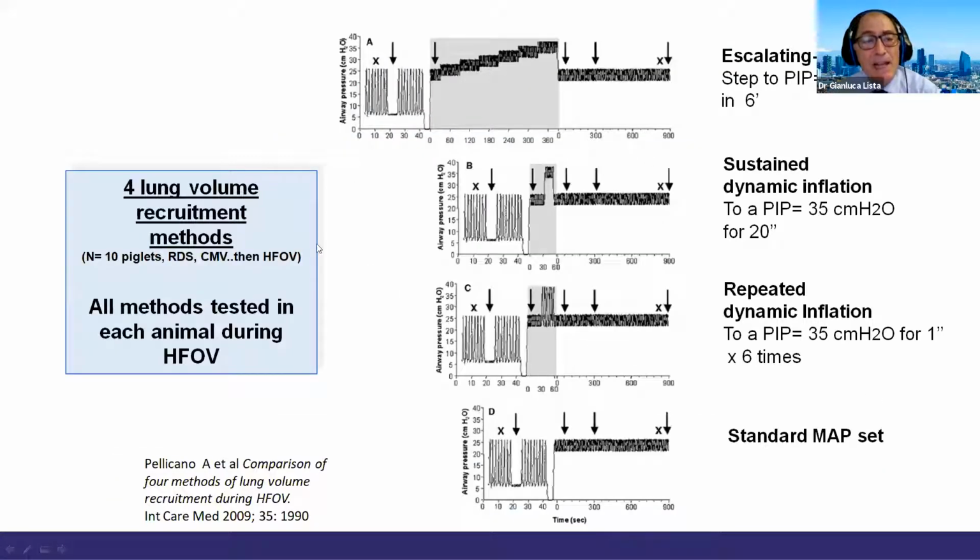In the animal study using HFOV, we have four lung volume recruitment methods. The first one is stepwise increments of the pressure. The second one is a sustained dynamic inflation. The third one is a repeated dynamic inflation. And the last one is a standard minimum wave pressure.